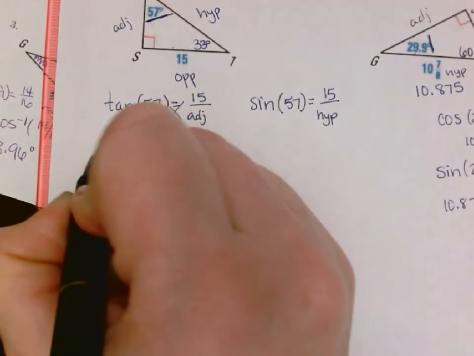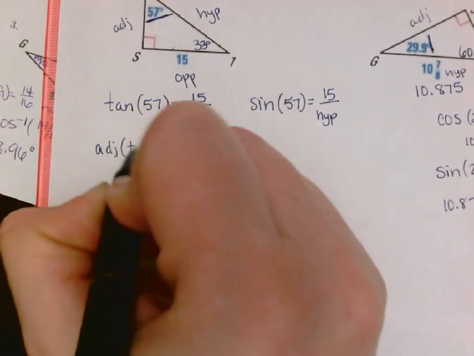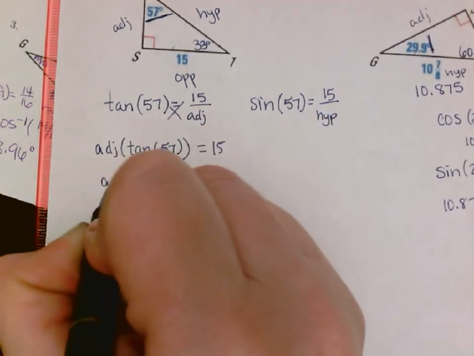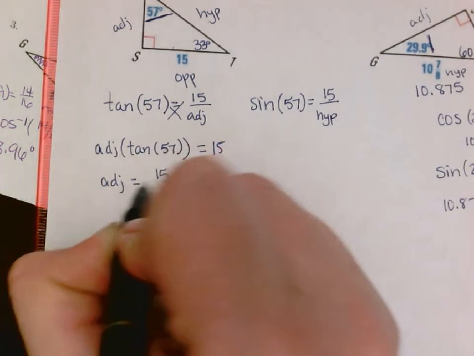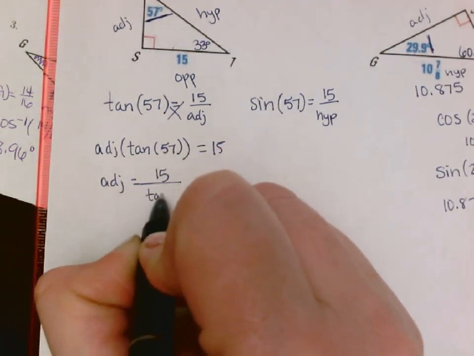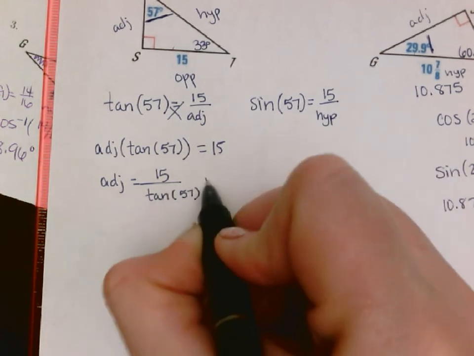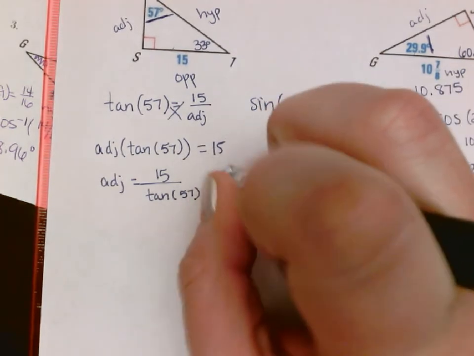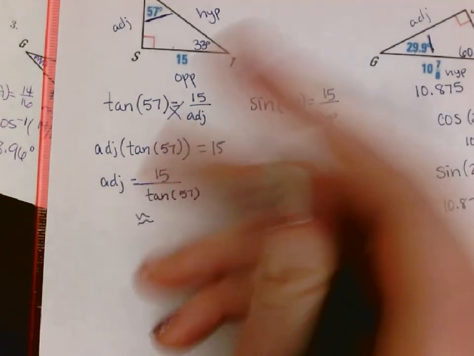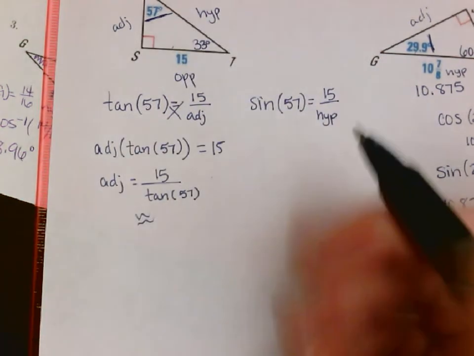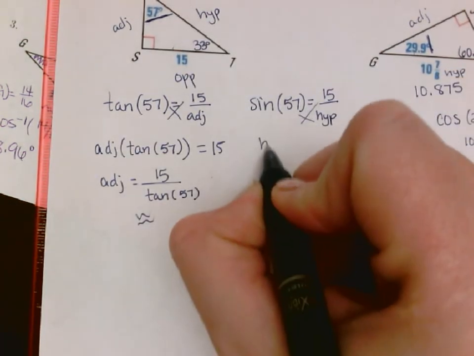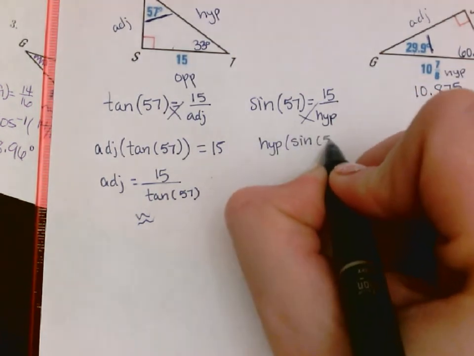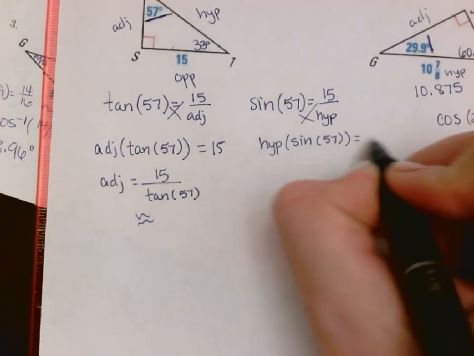On this one over here, cross multiply and divide. So cross multiply, adjacent times tangent of 57 equals 15. Adjacent equals 15 divided by tangent of 57, which is approximately, should write that down below, approximately, cross multiply again, hypotenuse times sine of 57 equals 15.